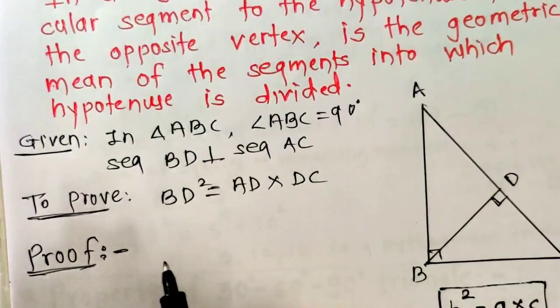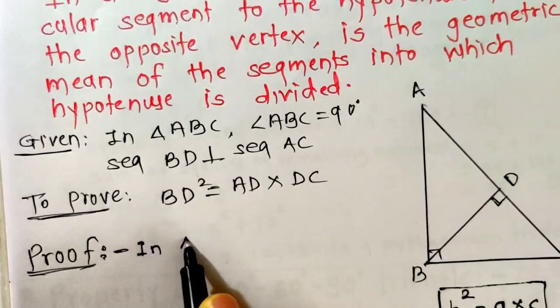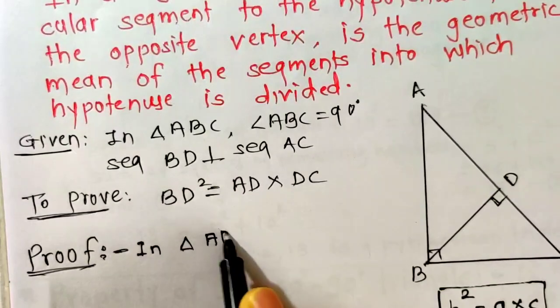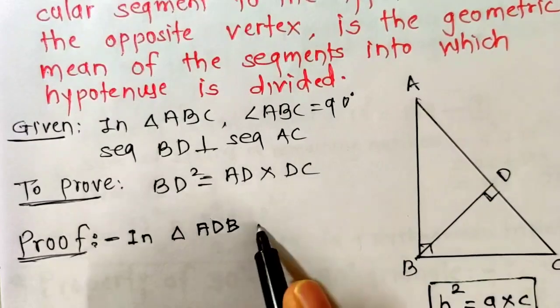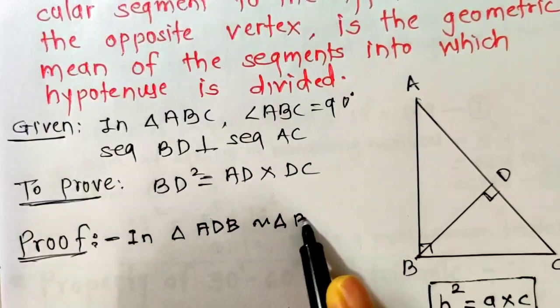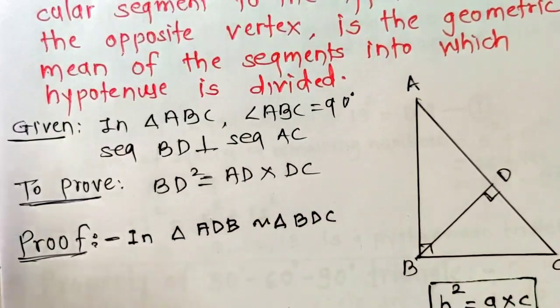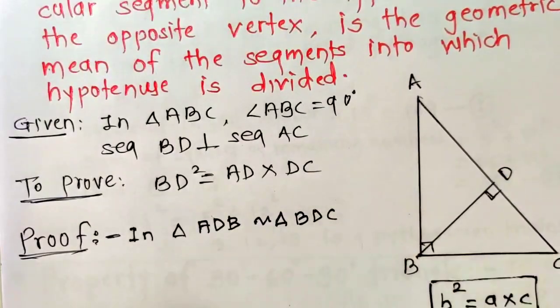Now in triangle ADB, similar triangle BDC. From the above theorem, this ADB and BDC are similar.